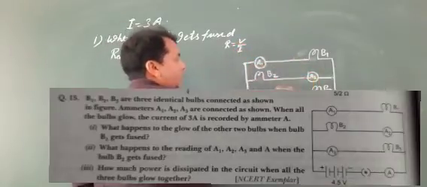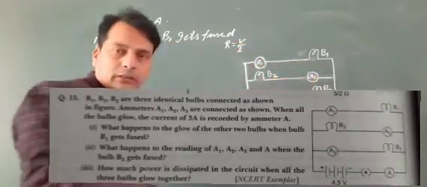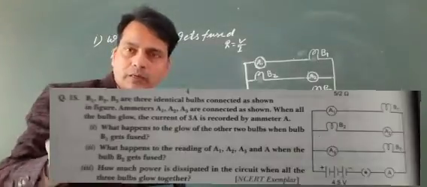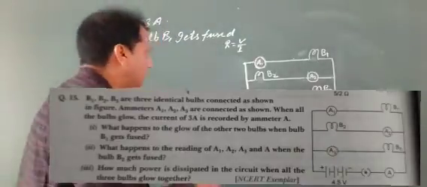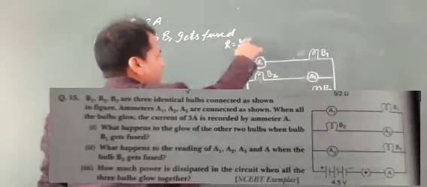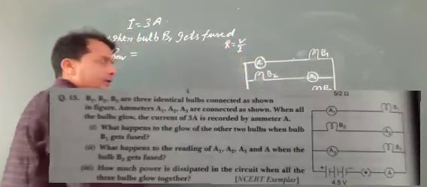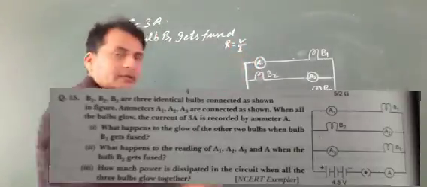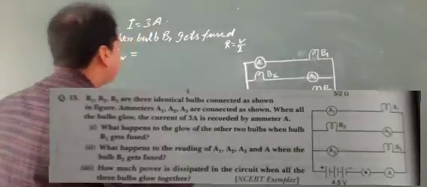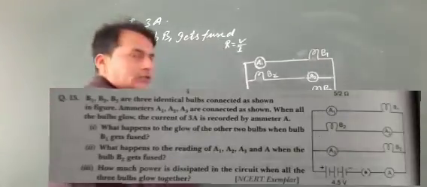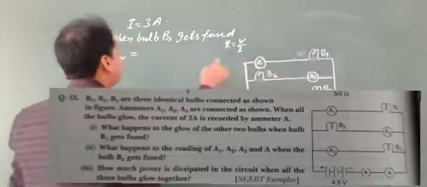B1, B2 and B3 are connected in parallel combination. So the equivalent resistance in this circuit is the potential difference divided by the electric current. The total voltage is 4.5 volt, and the total current flowing in this circuit is 3 ampere.